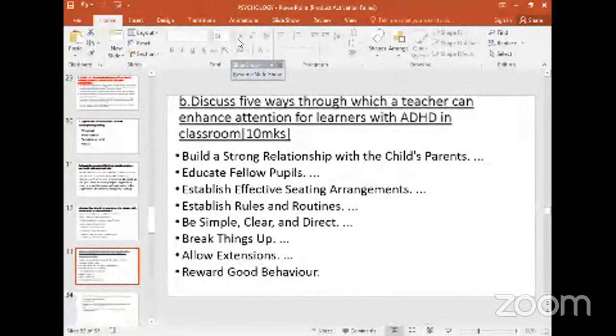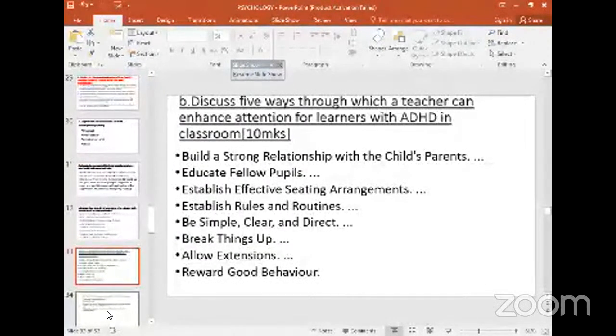You can also reward good behavior in such learners. And when you are rewarding, do not forget to reprimand those learners who may be actively hyperactive. When you also punish them, they learn that there is a no-go zone, that when I cross it, the tolerance level goes down.